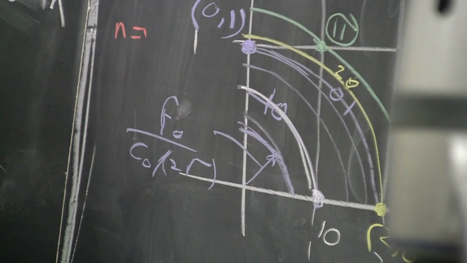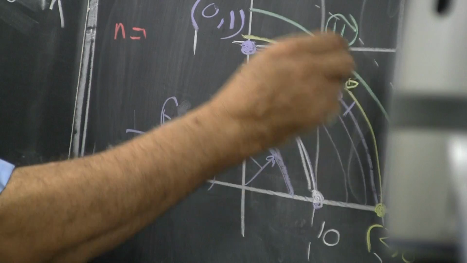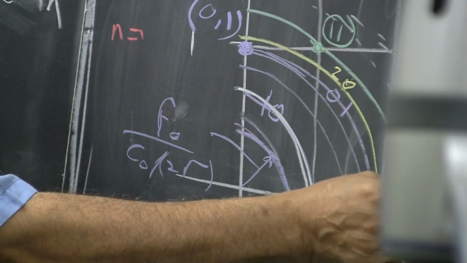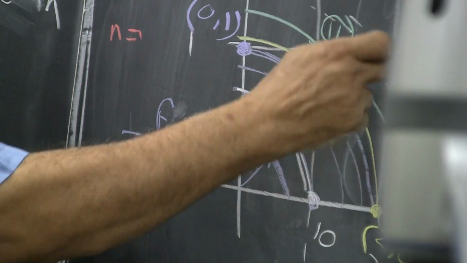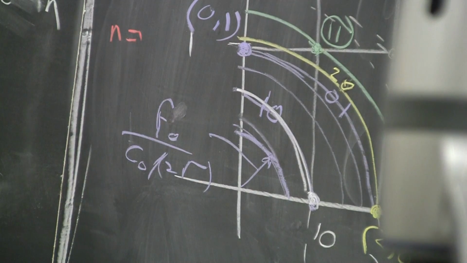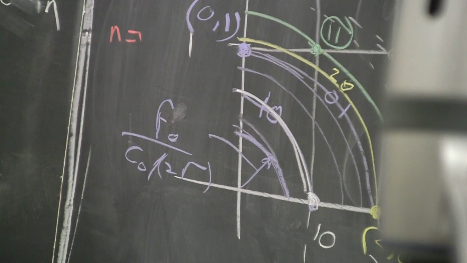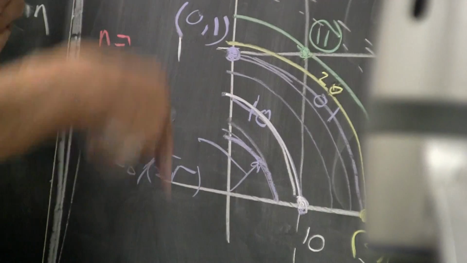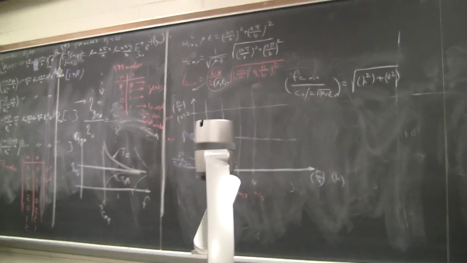So you can find out which mode comes first, right? It's obvious that you will get to this mode here before you get to that, if my drawing is right. So you may get the 2-1 before you get to the 3-0. The radial dimension is your frequency scale, and it's equal to the square root of these two, the horizontal and vertical. That diagram is useful if you want to do it graphically.